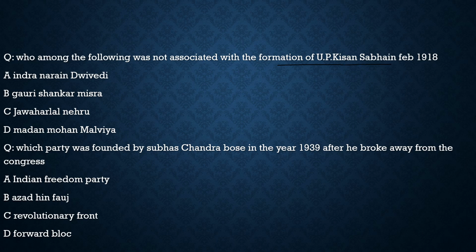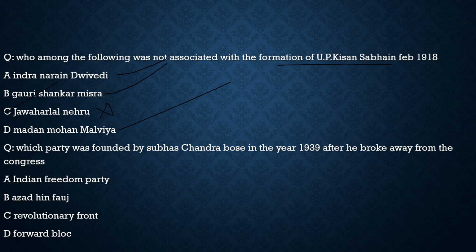Indra Narayan Dwivedi, he was very much in support of the formation. Gauri Shankar Misra, he was also. Madan Mohan Malviya, he supported it, but Jawaharlal Nehru was not part of it, so he was not associated with the formation of UP Kisan Sabha in Feb 1918. So the correct statement is option C.